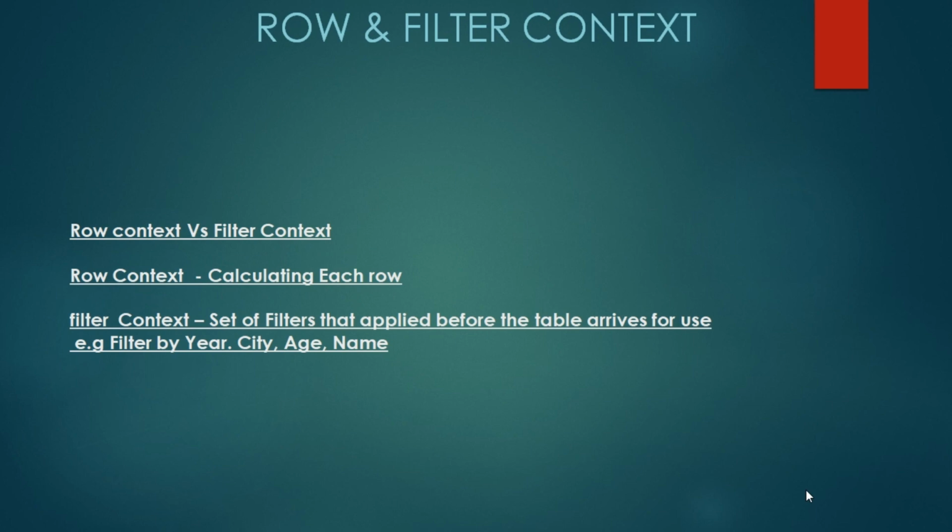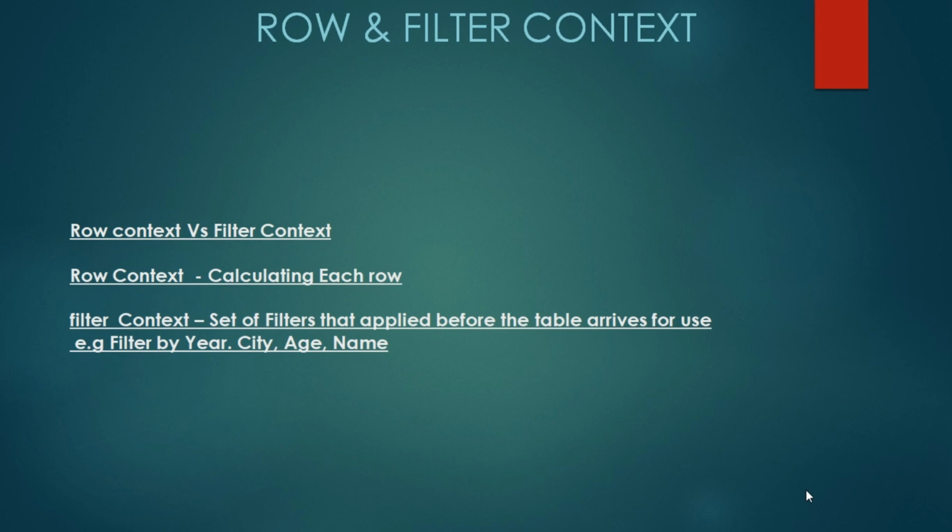Row context is nothing but you are calculating each row. The calculations will be from each row. What is the meaning of that? Let's say you have a list of products in your Excel sheet, and all the products have separate rows, and for each product you are going to calculate the total sales based on the number of units sold.